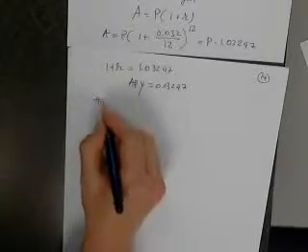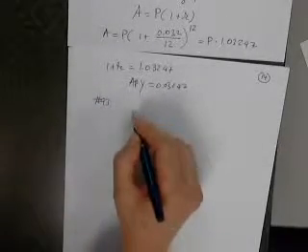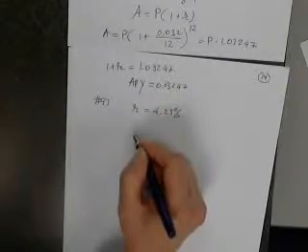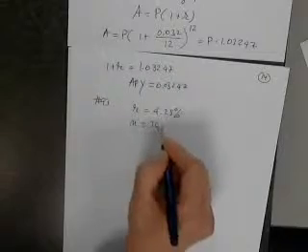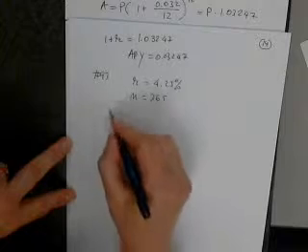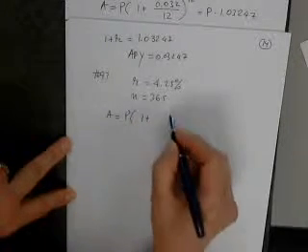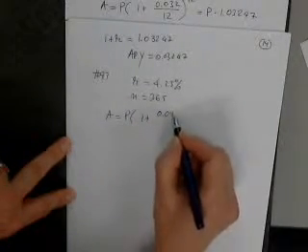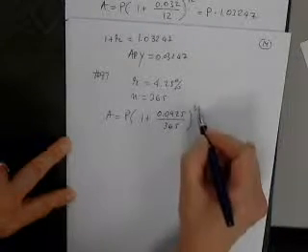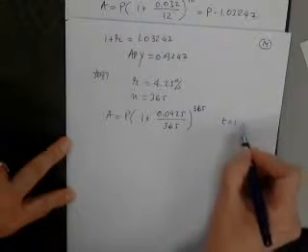I'd like to look at the other problem. There is one other identical problem, 93. So the interest rate is 4.25% and it's daily. So N equals 365. So A equals P times 1 plus 0.0425 over 365 raised to 365, because t is 1 year.